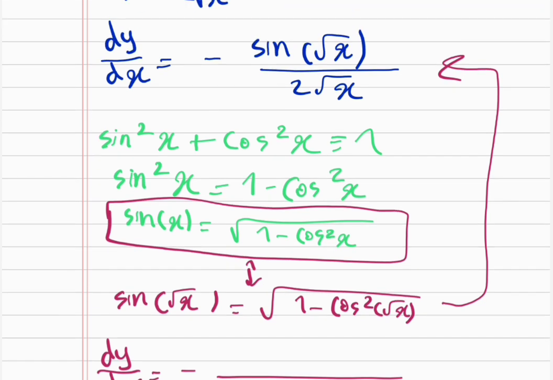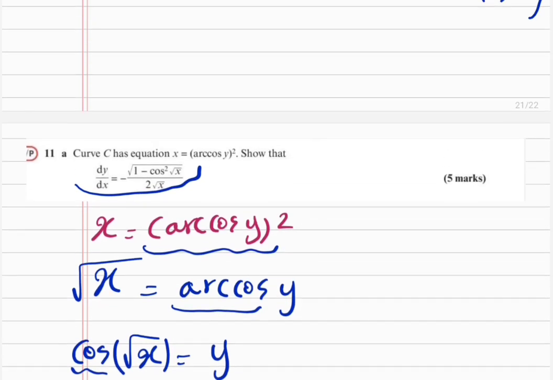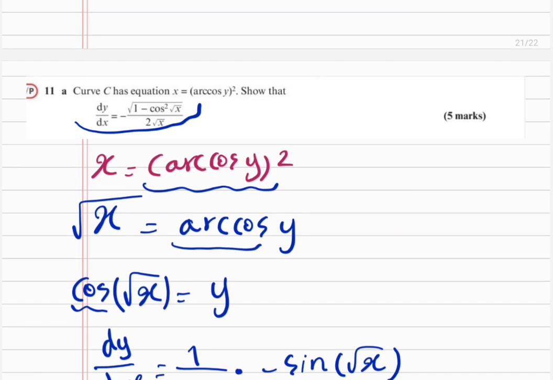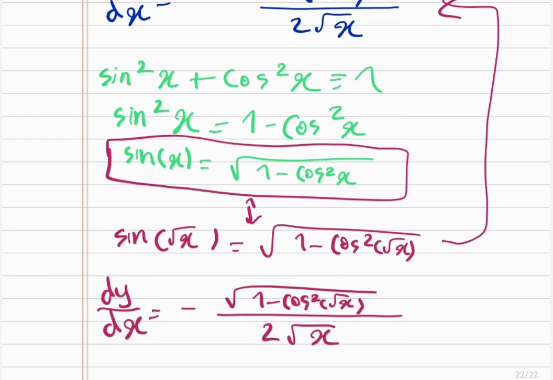For the numerator, instead of writing sine root x, we use the result that sine root x is equal to the square root of 1 minus cos squared root x. And yeah, so that's exactly what we were asked to prove. Okay, that's it for this video, and thank you for watching.